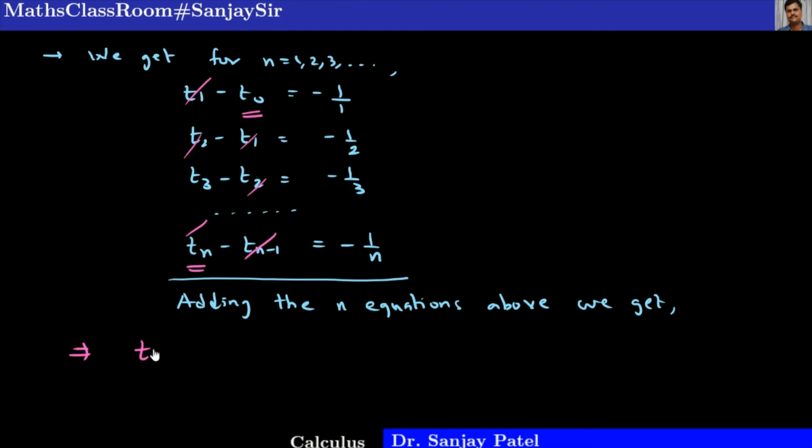So I can write it as Tn minus T0 is equal to minus 1 by 2 minus 1 by 3, up to minus 1 by n. This is the sum of all the terms in the right hand side.